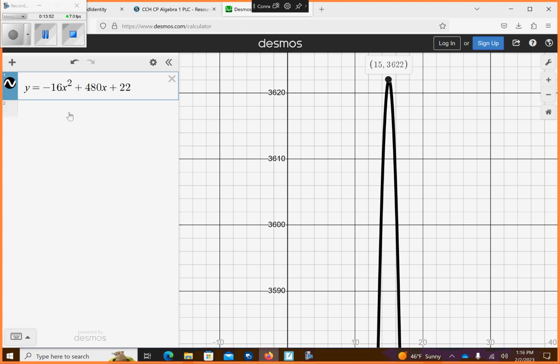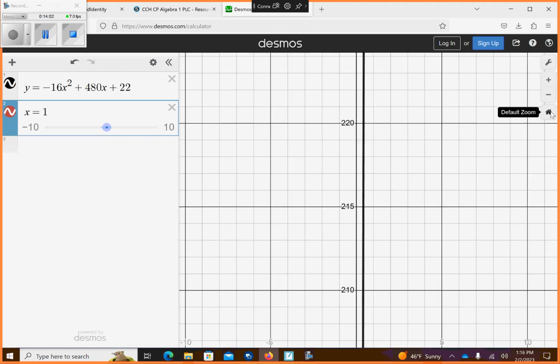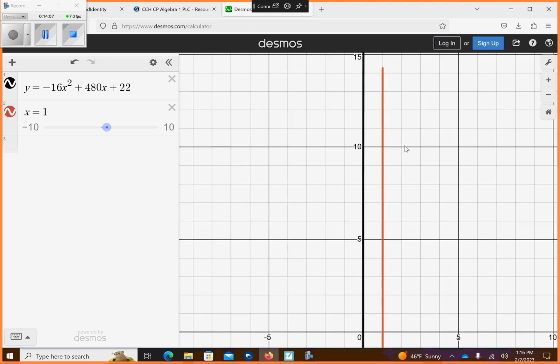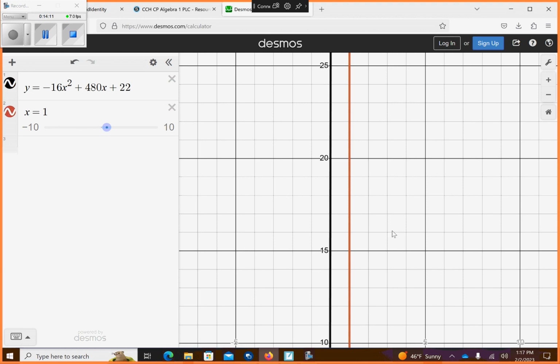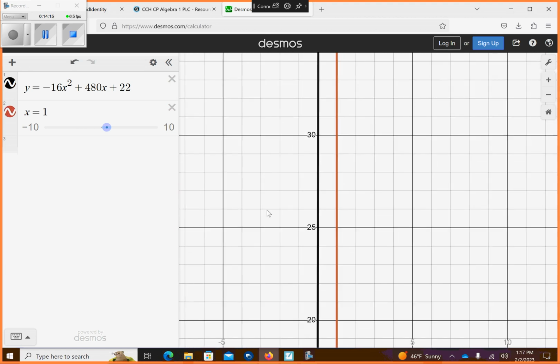All right, so what we're going to do is a couple of things. Okay, if I type in x equals 1, and I take us back to home, after 1 second, where's my parabola?